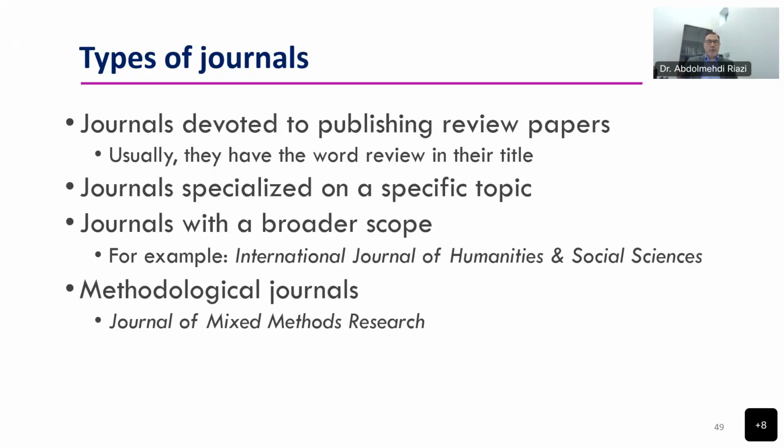If it is an empirical study, then we need to decide whether we would like to send it to a journal with a specific focus, or whether we will prefer to send it to a journal with a broader scope. Now, I would say that sometimes it is possible to produce more than one paper from our research, and therefore consider different journals. And this is what more experienced researchers usually do.